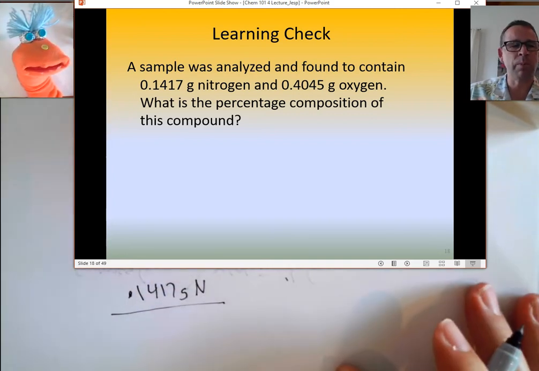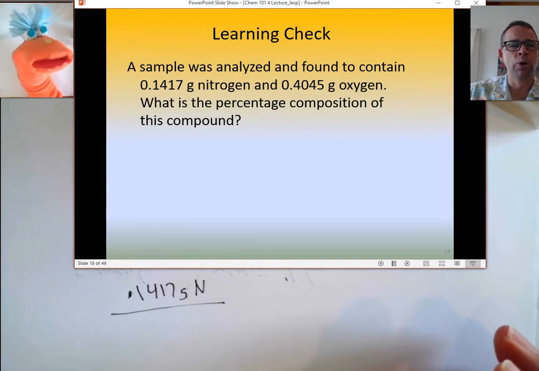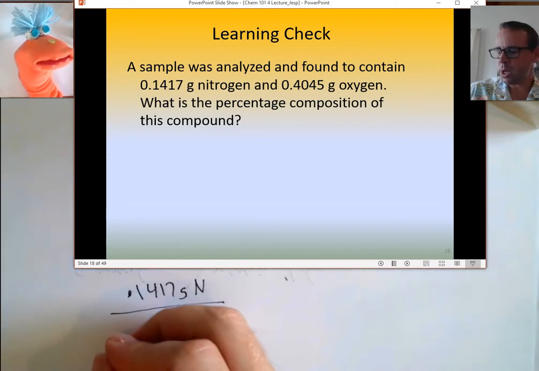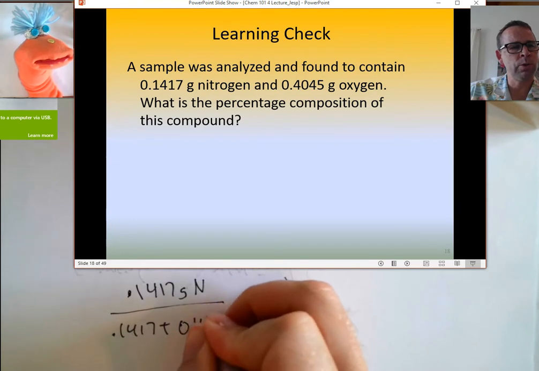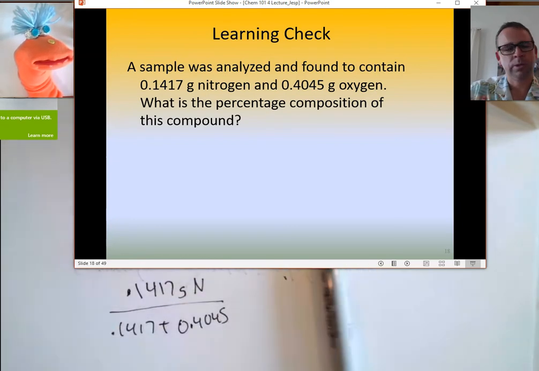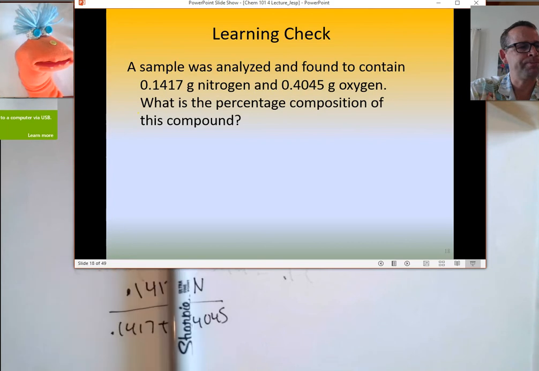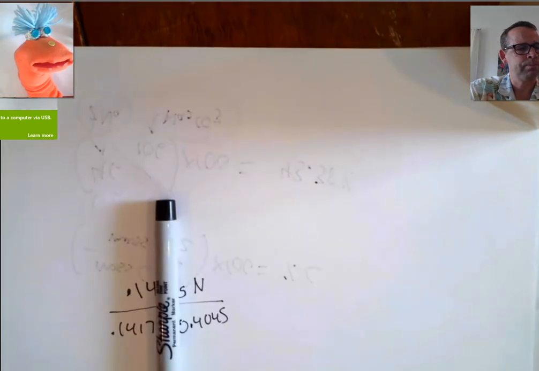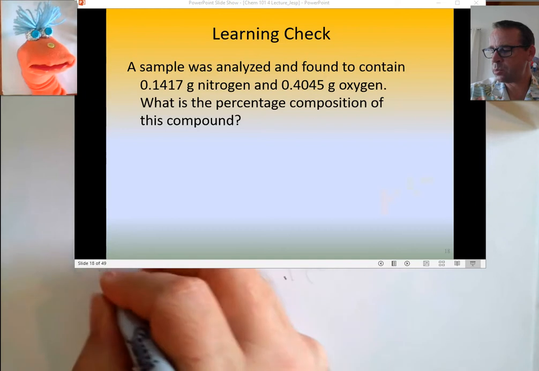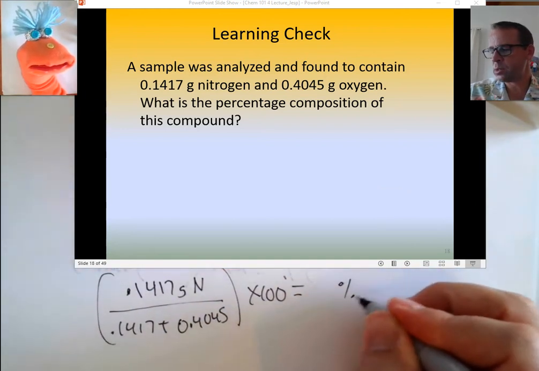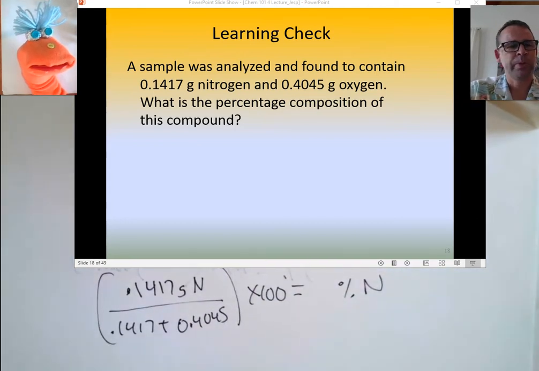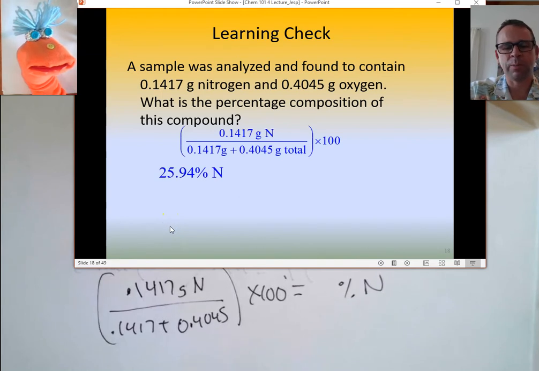So I just have to divide that by what? The grams total, which would be the grams of nitrogen plus the grams of oxygen. That's right, 0.1417 plus the 0.4045. Okay, very good. And if we just multiply that by 100, that should be our percent nitrogen. Okay, excellent. And hopefully you got our 25.94.